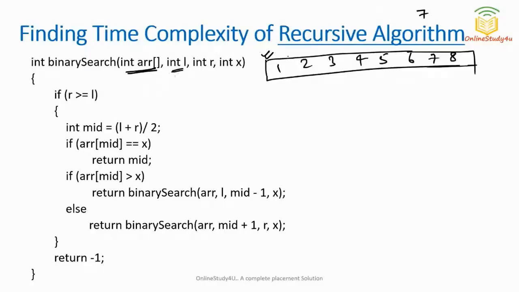Now in this array, left is the index of the left position. So this is left, its index is 0. We know in an array the index starts from 0. And this is the last index, which must be 7. So L is 0, R is 7. Now X is the value which we want to search, which is 7. First we are checking whether right is less than left.